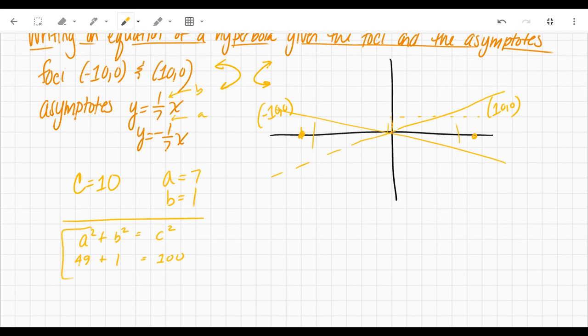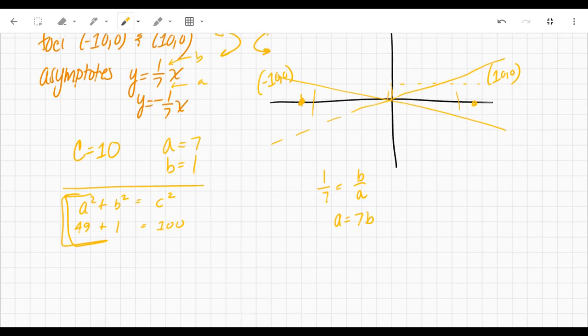Okay, this doesn't work. You could check it first, see if it works. If it does work, you're in good shape. Okay, but remember the slope is just a ratio. So 1 over 7 is B over A. So if you cross multiply, A has to be 7B. Which means that A squared has to equal 49B squared.